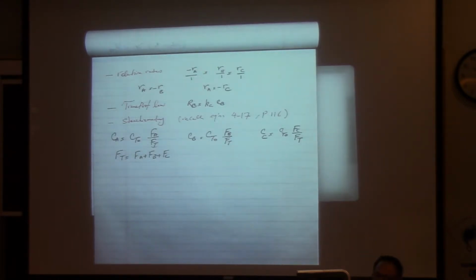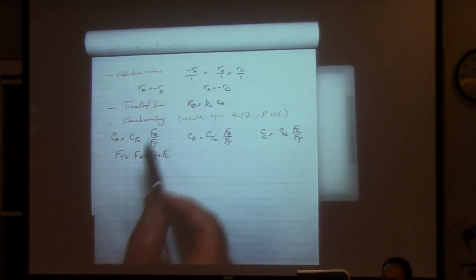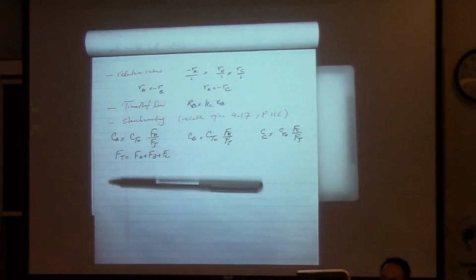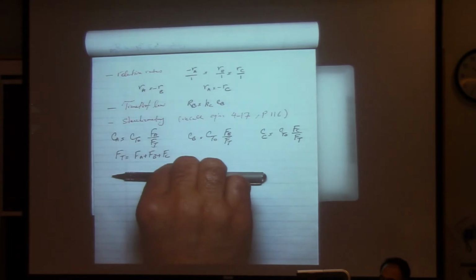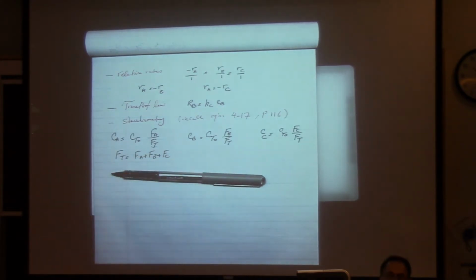So if you do these stages, you are done. From here on, you need to have the parameters in order to do it.